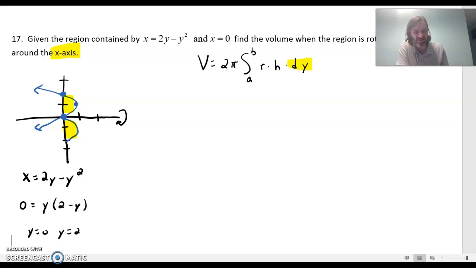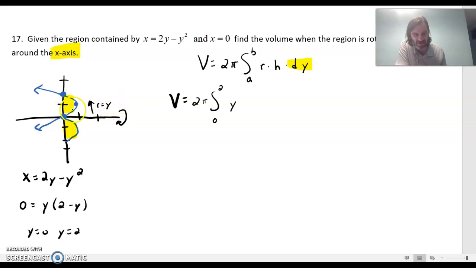So let's figure out all the things we need, and remember we want them in terms of y. So the volume will be 2 pi from a to b, and it looks like in terms of y, that would be from 0 to 2. The radius will be y, and that is going out from the x-axis. So this way would be the radius.